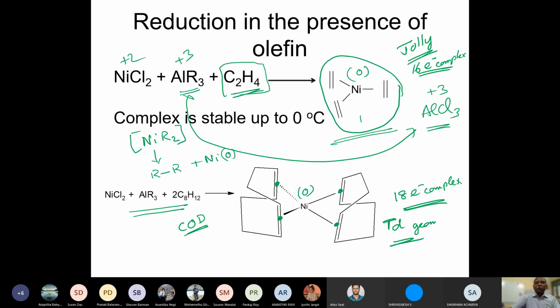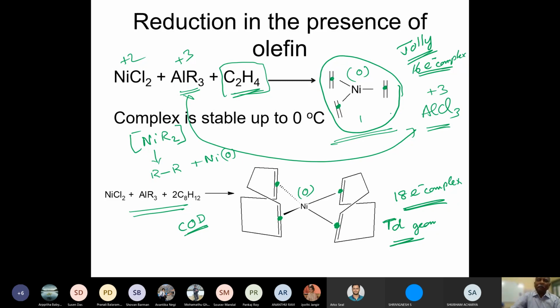This complex itself will not have Td symmetry, but it's tetrahedral geometry based on these four points of contact with the centers of the olefin. That is correct. And this is actually trigonal. Okay, this is trigonal. So now both of you did not say anything wrong, but let's reason this out.